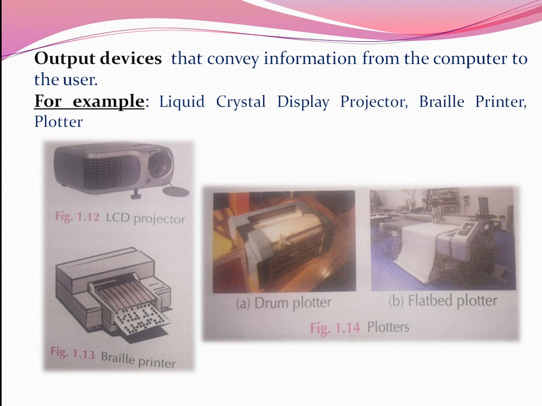Plotters use ink pens or inkjets to create graphics on paper or polyester film. They are commonly used in computer aided design, CAD, and computer aided manufacturing, CAM, for printing plans for houses, car parts, machinery, etc.